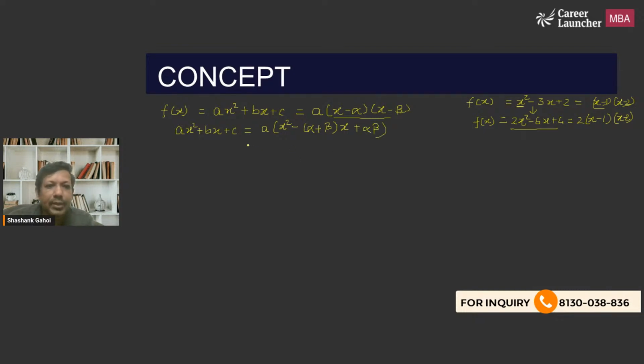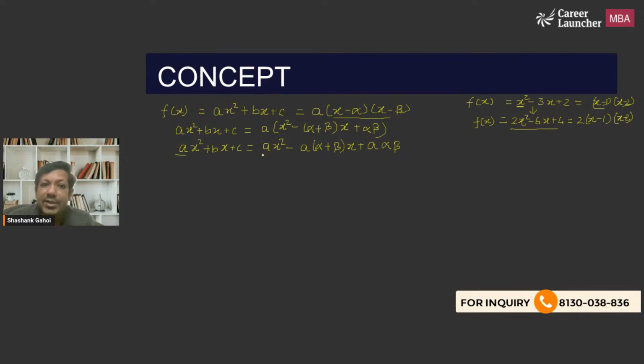Okay, now what do we have? Ax square minus a times alpha plus beta times x plus a times alpha beta. This is my quadratic function. On the left hand side, I have ax square plus bx plus c. What is the coefficient of x square?